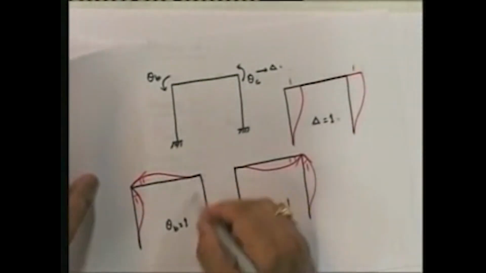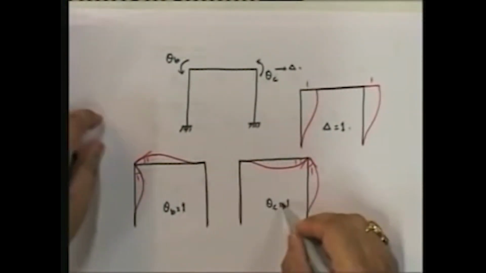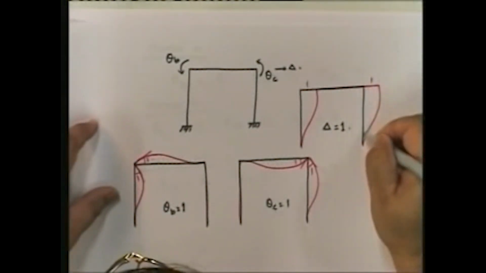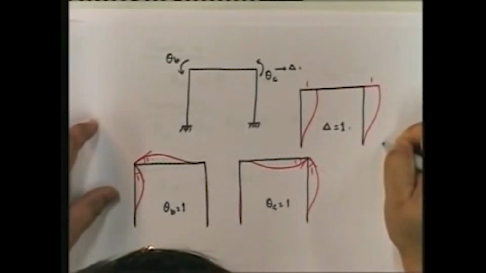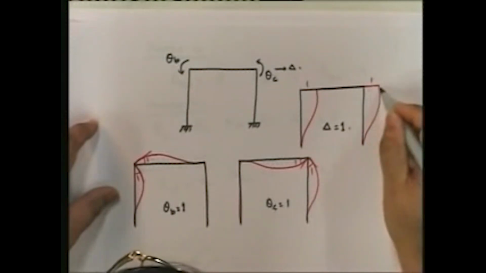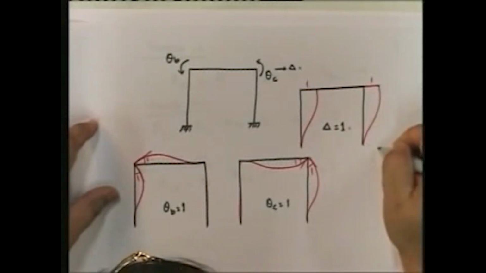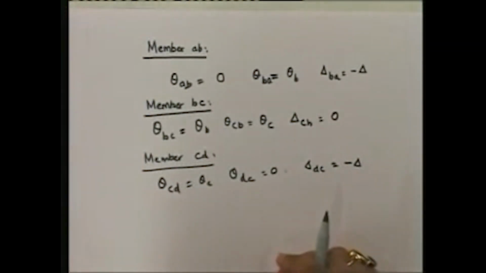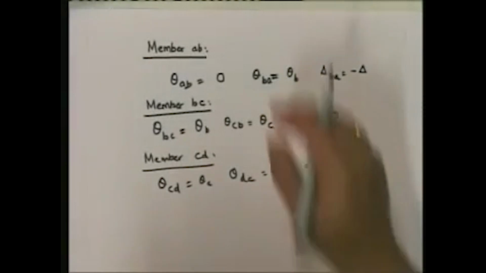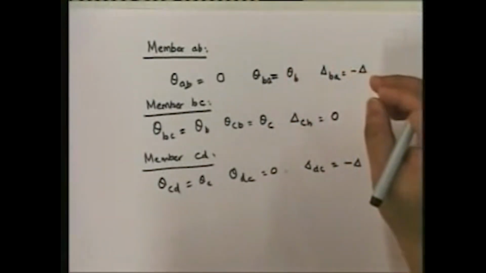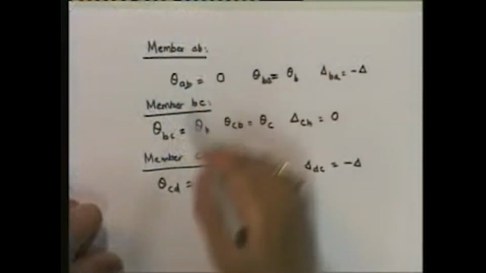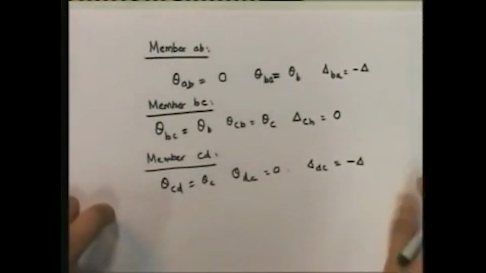Delta CD is equal to 0 into theta B plus 0 into theta C plus, now let's look at what this means. D has to move this direction for it to be positive delta. However, since this has gone up, relative to C, this has actually gone this way, so it is negative delta. Okay, so we have now got all the relationships between the member end displacements and the degrees of freedom, theta B, theta C, and delta.